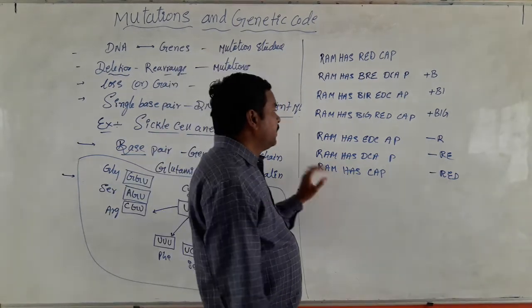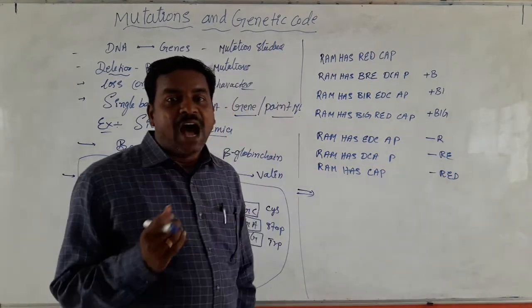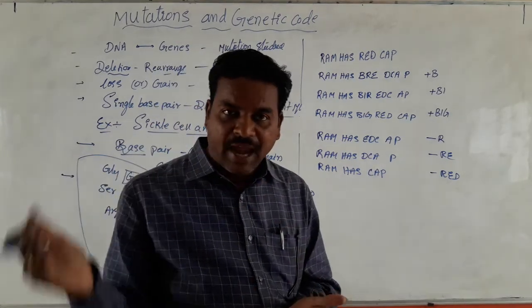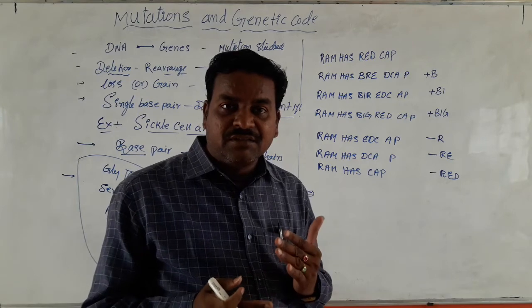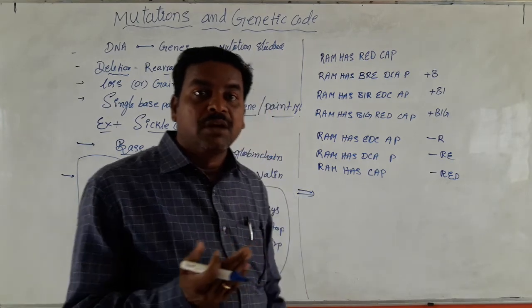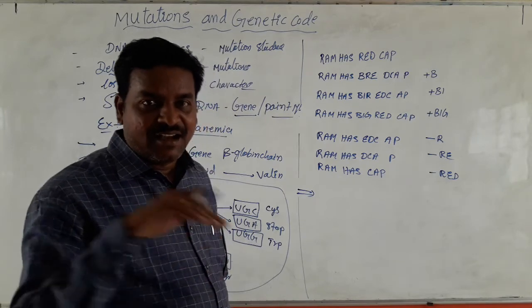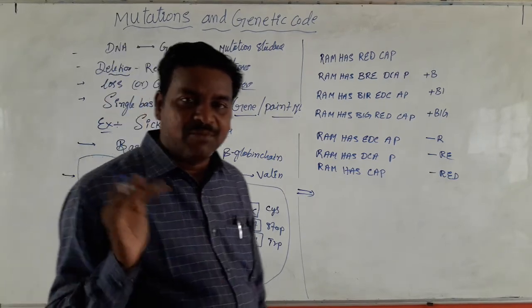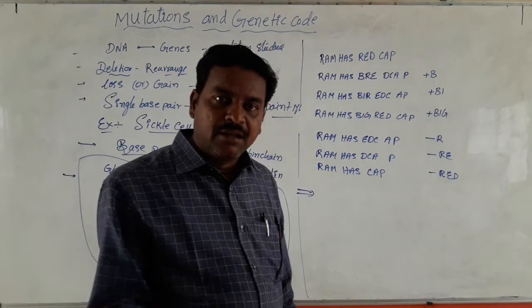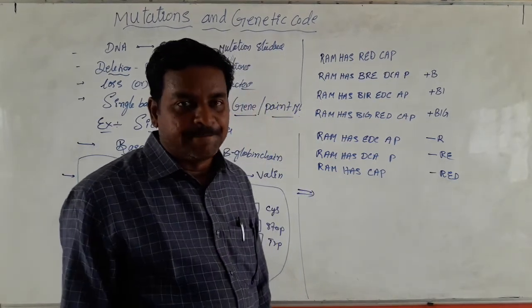But when three letters or multiples of three letters are deleted or added, there is no change in reading frame, but one or multiple codons are inserted or deleted. At the same time, one or multiples of amino acids in the polypeptide chain may be deleted or inserted.